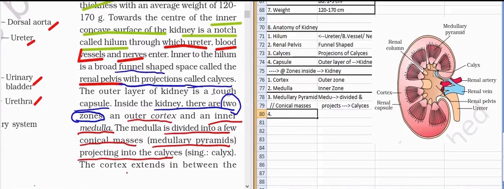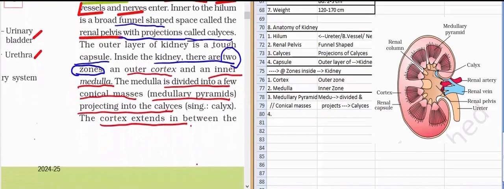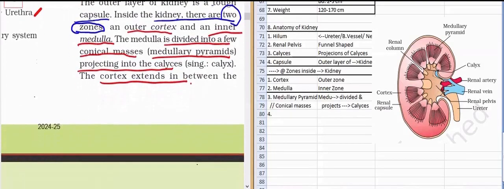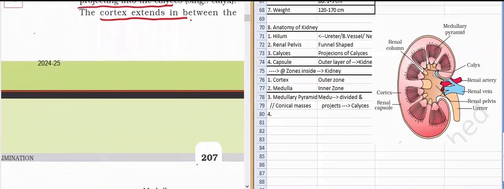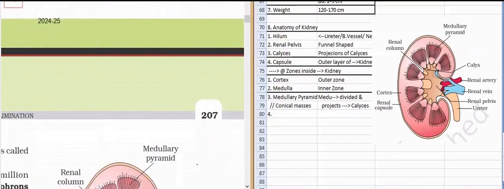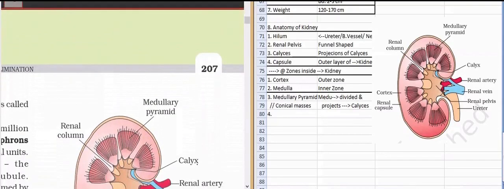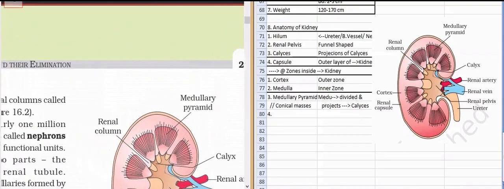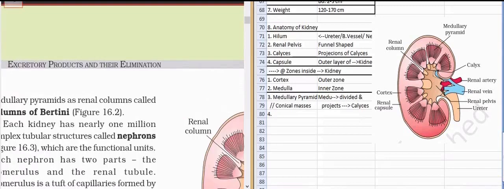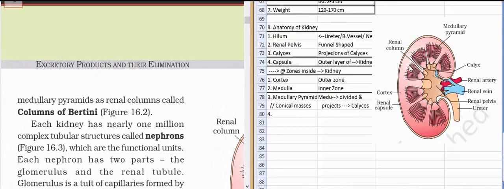Next is the fourth one. This is about the cortex again. The cortex extends in between the medullary pyramids. It's called renal column, or column of Bertini. The cortex, this light pink, is extending into the medullary pyramids.